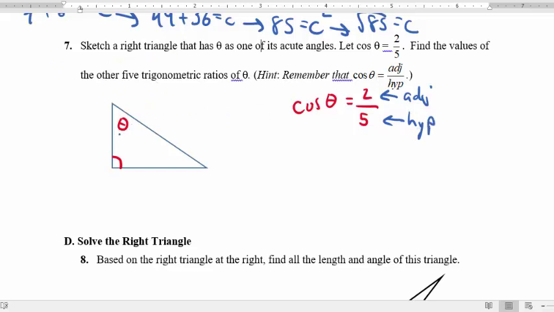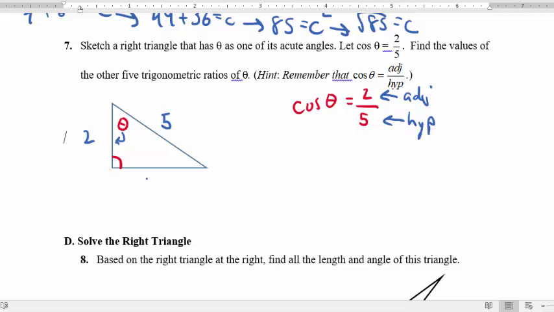So if this is theta, there's your adjacent. So the adjacent is going to be 2, and here's your hypotenuse. That's going to be 5. That was supposed to be a little arrow there to the adjacent. There it is.